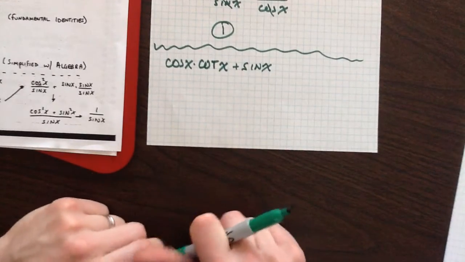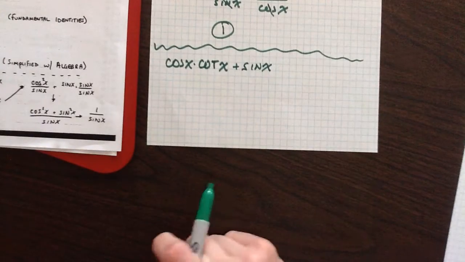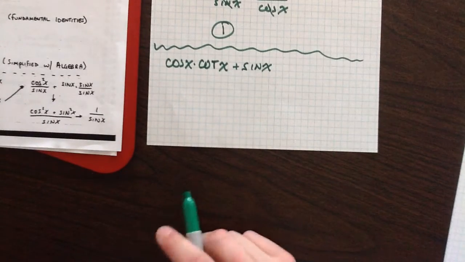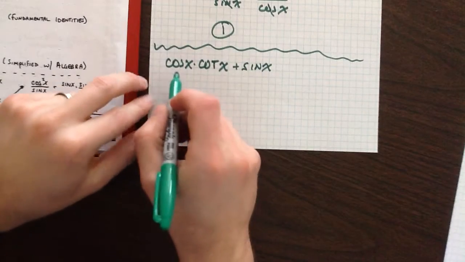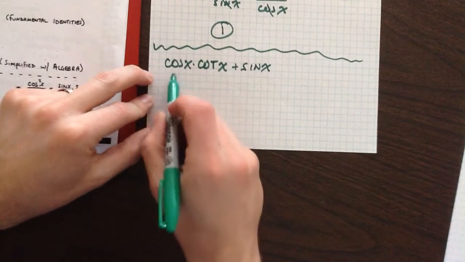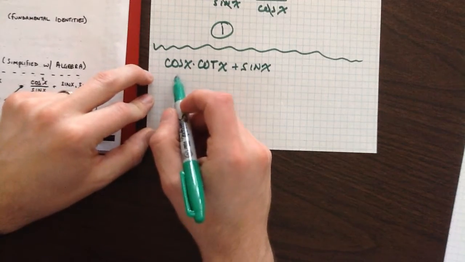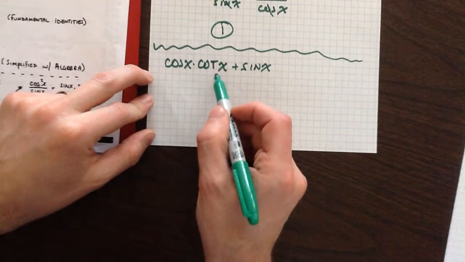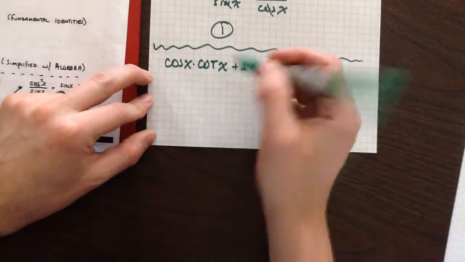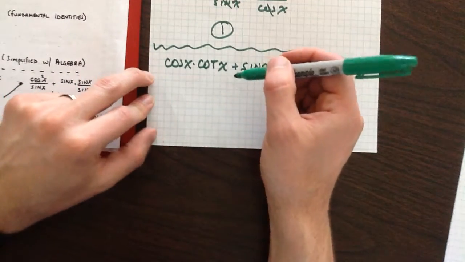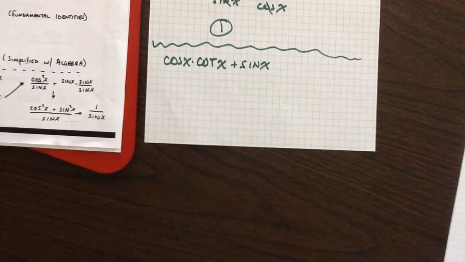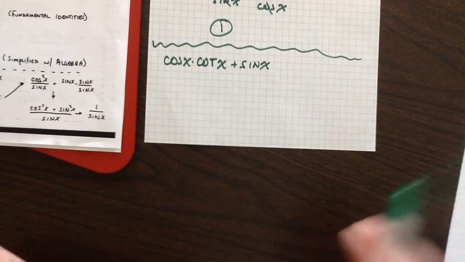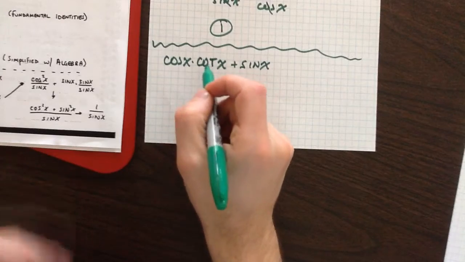Cosine times cotangent plus sine. Can we reduce this down to one term? Here's what I see. Cosine, can't do much with that. Cotangent, well, we could switch that to 1 over tangent, which is just cosine over sine.